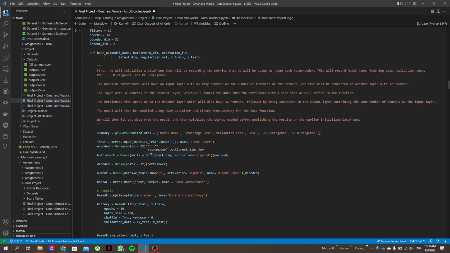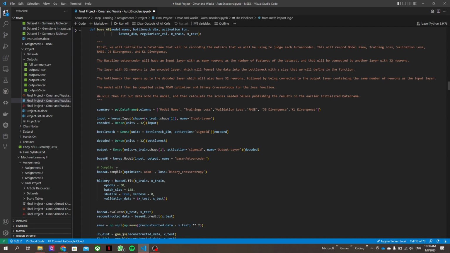The bottleneck is of a variable dimension. This is made variable so you can test out different values such as 1, 2, or 3, whatever is needed later on. And it's passed through a sigmoid function with the encoded data being brought in. And then the output from the bottleneck is sent on to the decoded layer, which also has 32 neurons, and then that is finally passed on to the output layer. So that is essentially our base autoencoder.